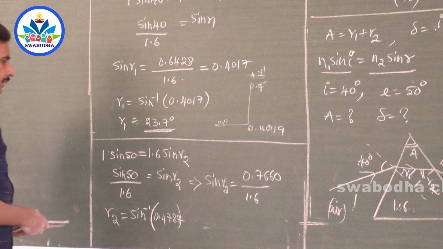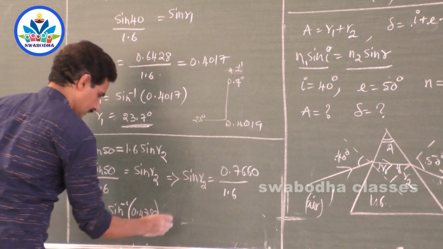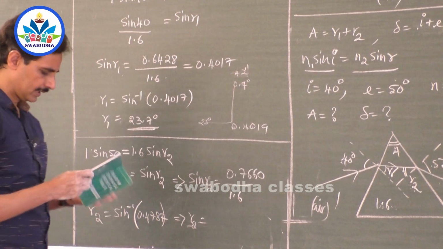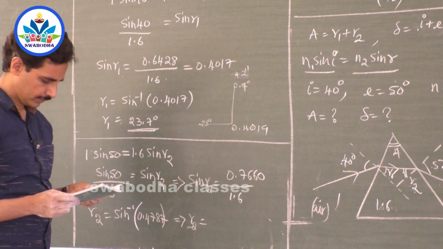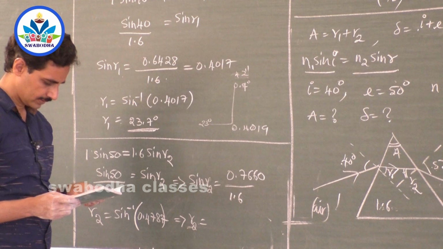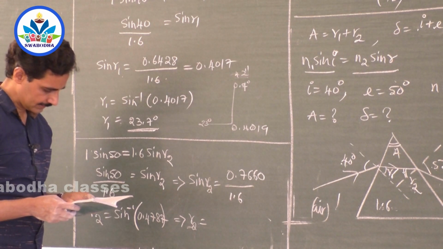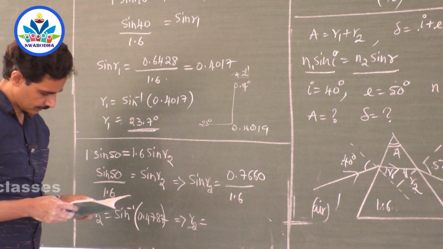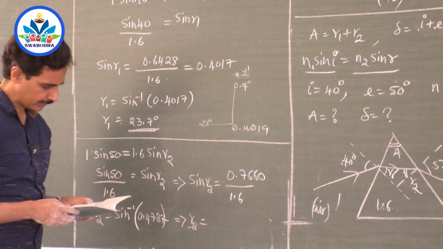Okay. Now you have to get the sine inverse of this. That implies R2 is equal to sine inverse of 0.4787; search for 0.4787 in the sine table. Oh, you have the same number, 0.4787. It is at 28 degrees 0.6 degrees.